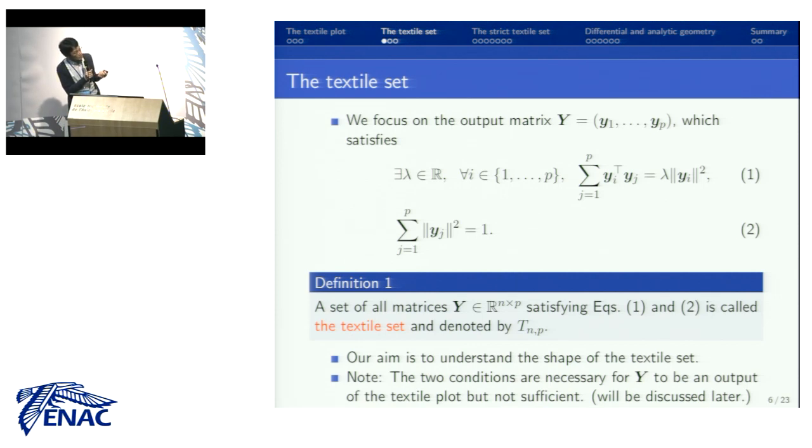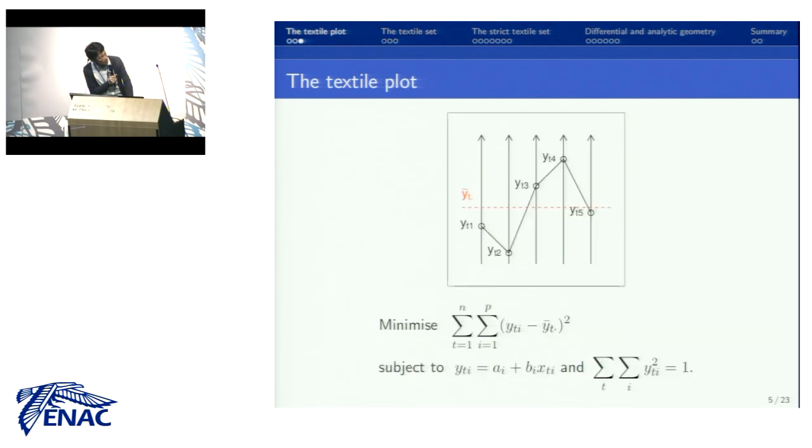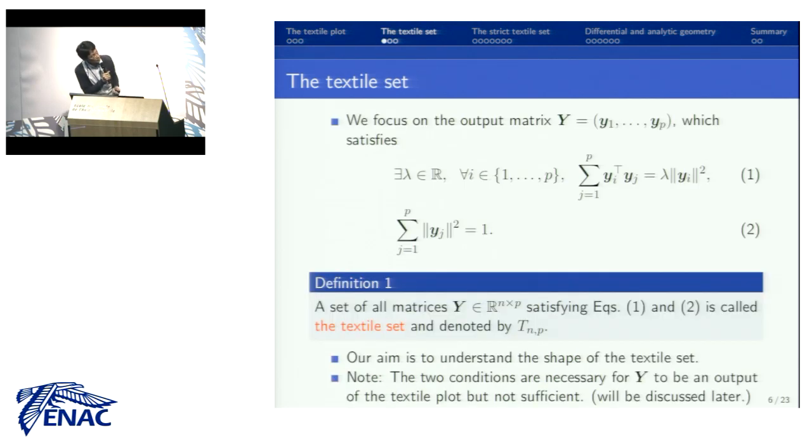The second one is obvious because it is contained in the restriction of the minimization problem, and the first one is characterized by some eigenvalue problem.